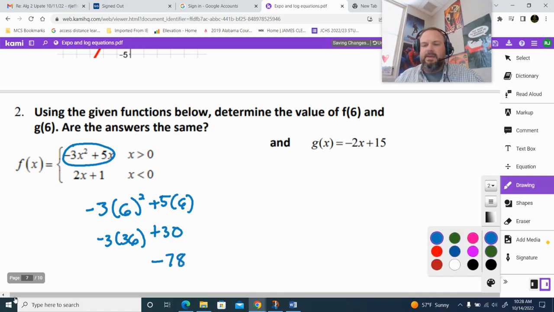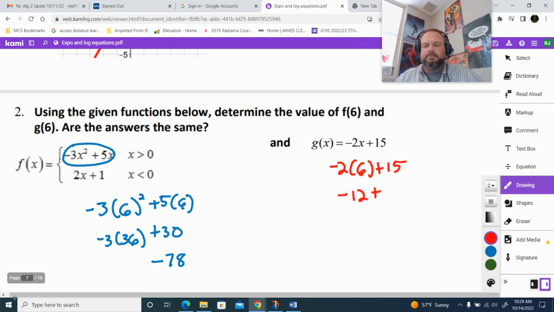Okay. I come over here. I plug in 6 right here. I get 3. Now, here's the thing. Is -78 the same thing as 3?